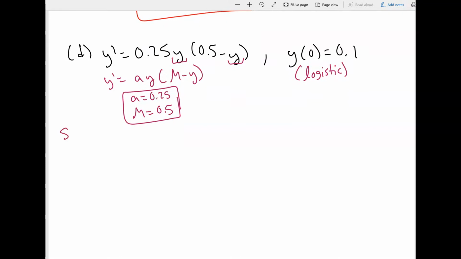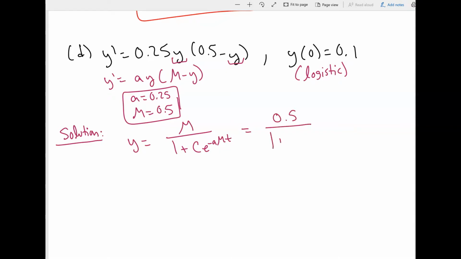So then the solution to this is going to be y = m / (1 + c e^(-amt)). Let me plug everything in there. m is equal to 0.5, divided by 1 + c e^(-a m t), where a is 0.25 and m is 0.5.